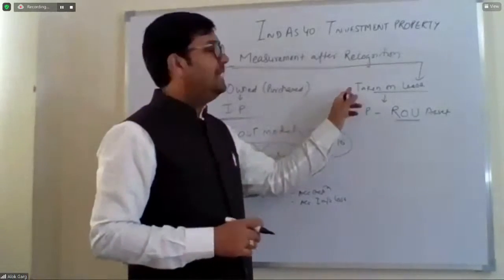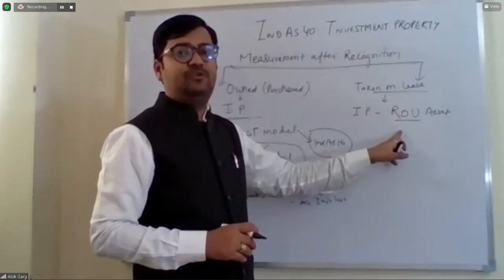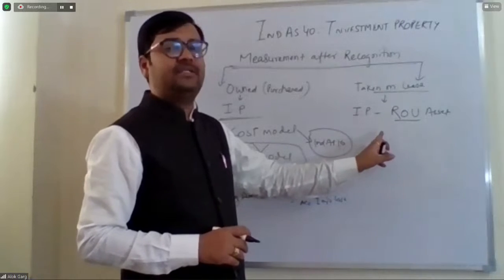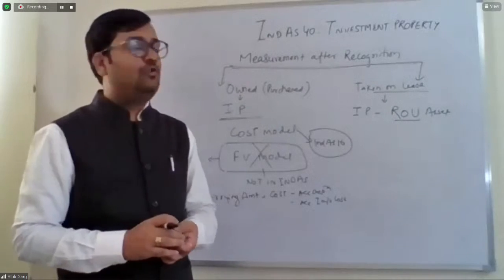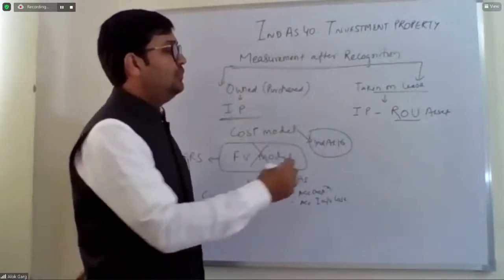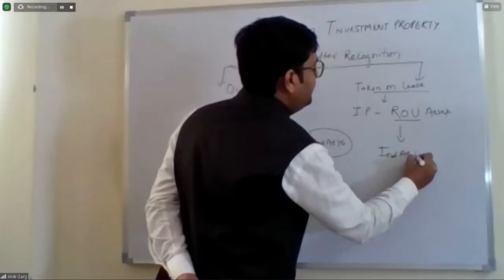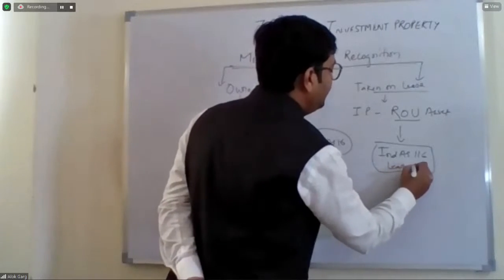Sir, if we have taken the asset on lease and we have recognized a right of use asset, as you told us that according to IndAS 116, right of use asset will be capitalized or recognized, so what will happen on the reporting date? The accounting treatment will be as per IndAS 116 Leases standard.